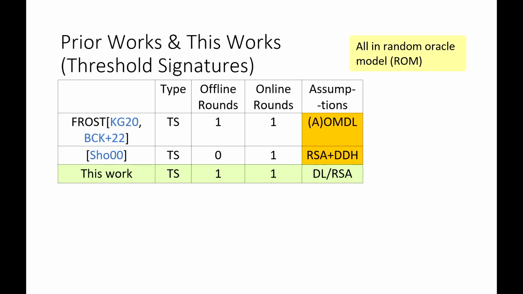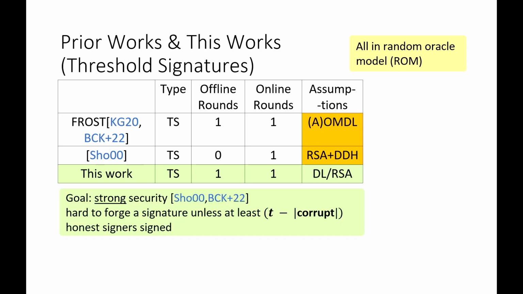The other scheme, proposed by Shoup, is an RSA-based scheme. Its signing protocol consists of only an online round, but its security relies on the DDH assumption in some integer group, which is a non-standard assumption. It's also important to note that here we consider a strong security goal, where it is hard for the adversary to forge a signature unless at least T minus the number of corruptions honest signers sign.